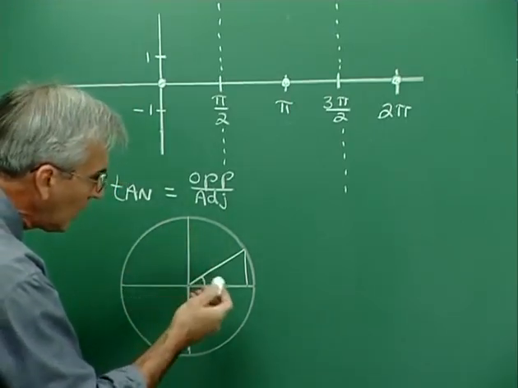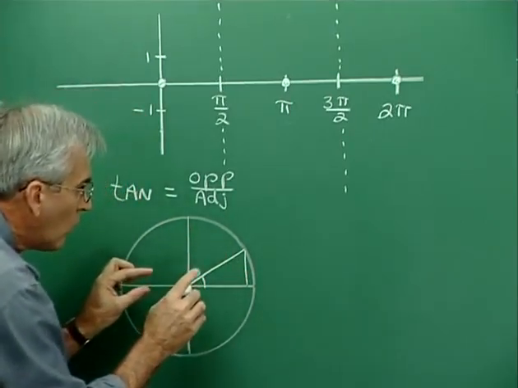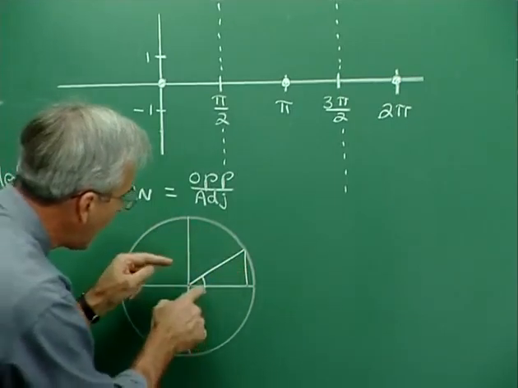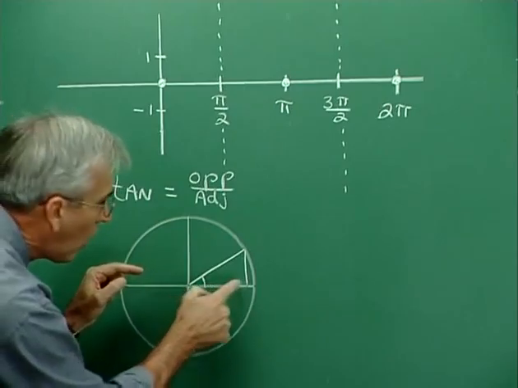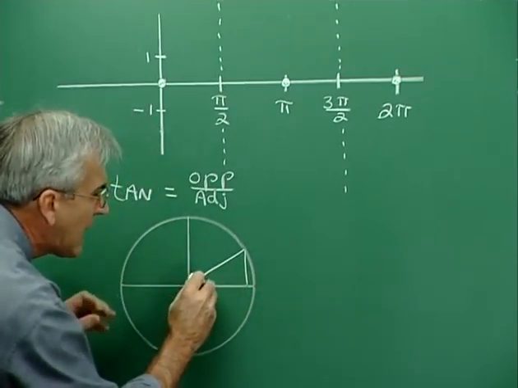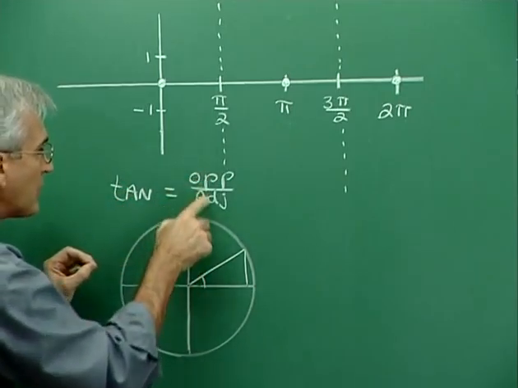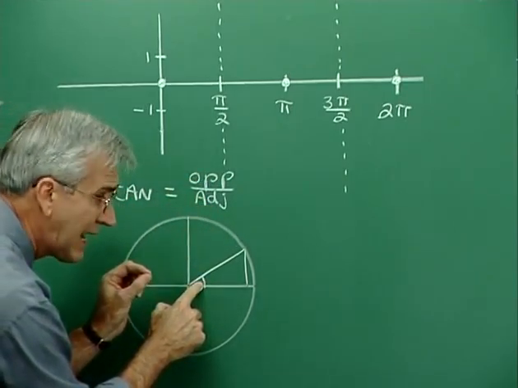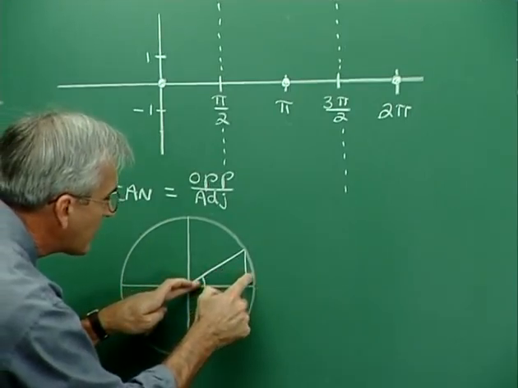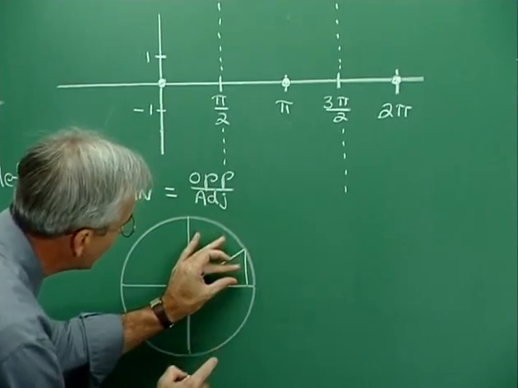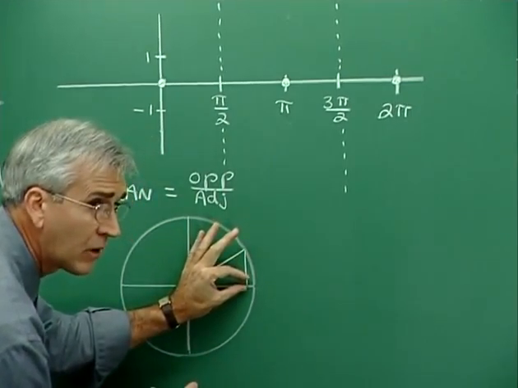Now, when our triangle is located in the first quadrant, and when that angle is very small, or when this arc length is very tiny, then we get a fraction, opposite over adjacent from the standpoint of this angle, the opposite side over this side. Now the opposite side, when that angle is really small, is a really tiny number.